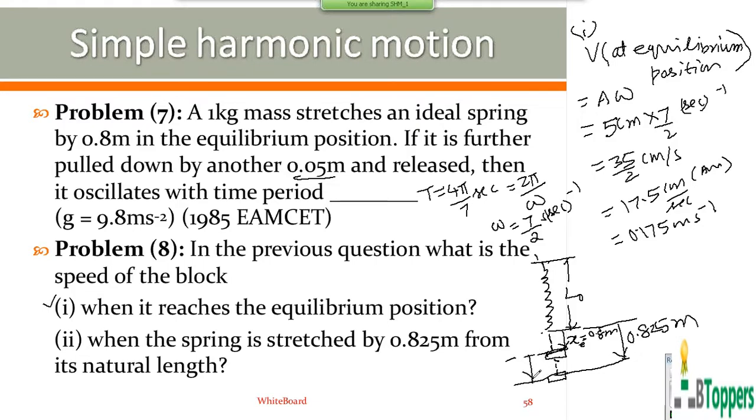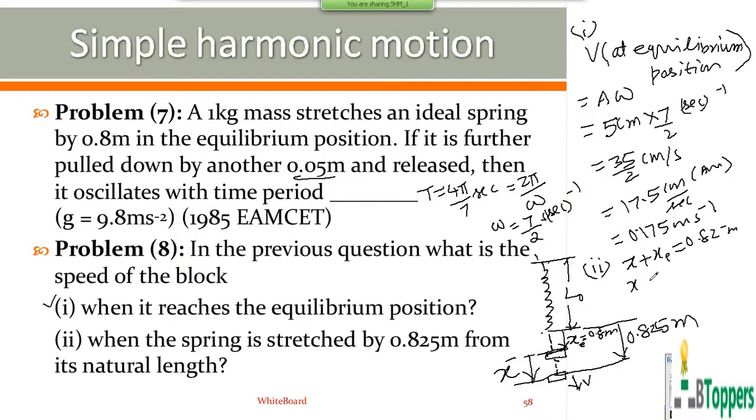Let X denote the magnitude of the displacement of the block from the equilibrium position at the instant when the spring is stretched by 0.825 meters from the natural length. So in the second part of the question, X plus XE can be taken as 0.825 meters.